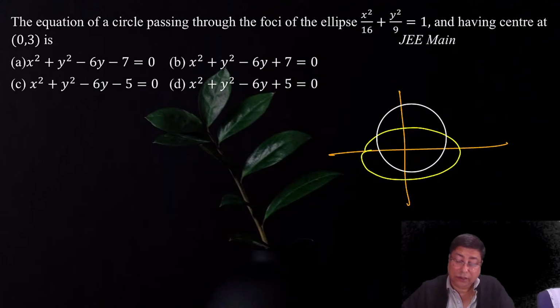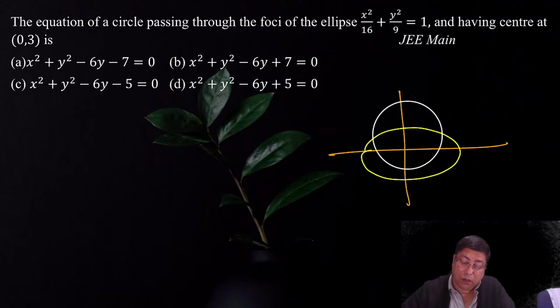It means the end of the minor axis. This is the center (0, 3), the end of the minor axis, and these are the foci. You have to get the foci.